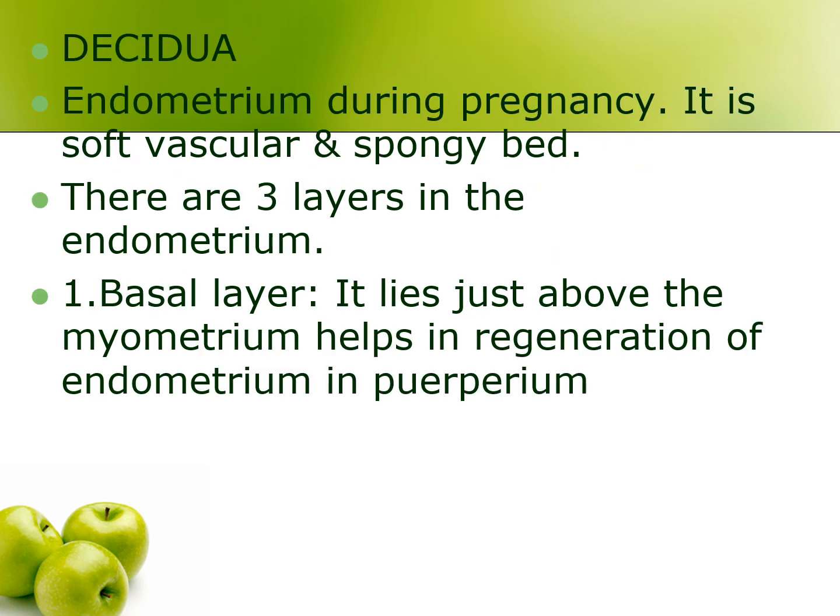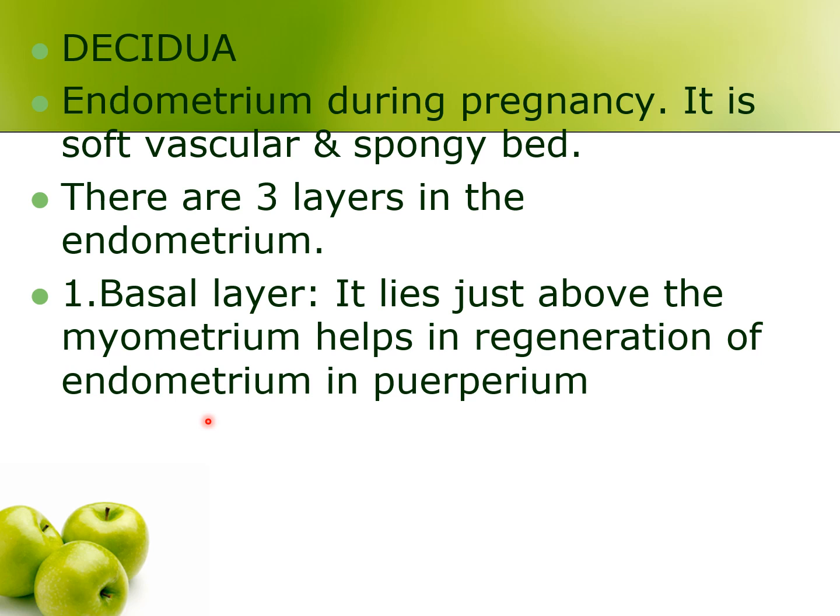And next is decidua, that is, the endometrium during pregnancy we call decidua. We know that the uterus has three layers, endometrium, myometrium and perimetrium, and the endometrium is the inner layer where the fetus gets implanted. Once the implantation has occurred, that is, once the pregnancy has started, this endometrium is renamed decidua.